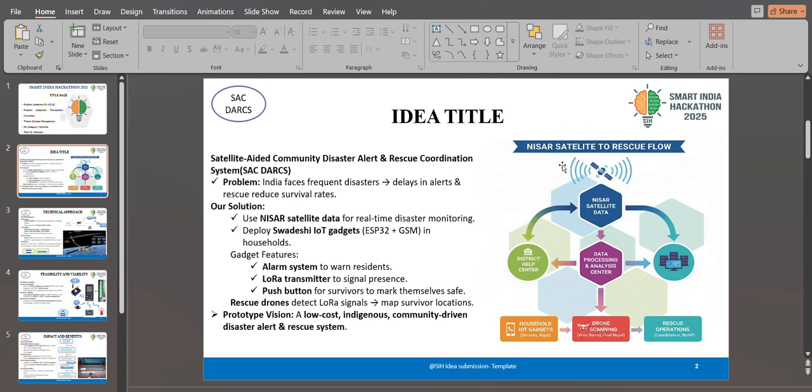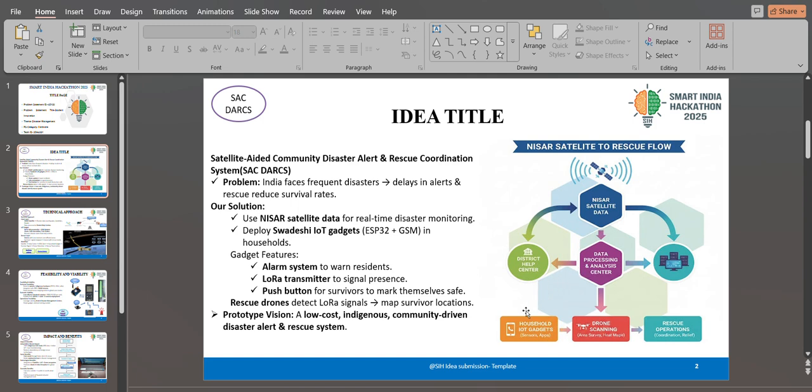Here we use NISAR satellite data to analyze the coming or ongoing disaster day and night, 24 by 7 across India. It will send the data to the district help center, then to the data processing and analyzing center, which analyzes the data and activates the respective area and the households present in the radius of that area.